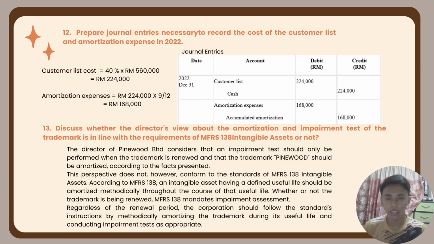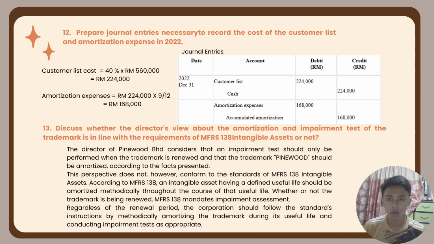After that, for question 13, discuss whether the director's view about the amortization and impairment test of the trademark is in line with the requirement of MFRS 138 Intangible Assets or not. The director of Pinewood Berhad considers the impairment test should only be performed when the trademark is renewed and the trademark should be amortized according to the factor presented. This perspective does not, however, conform to the standard of MFRS 138.